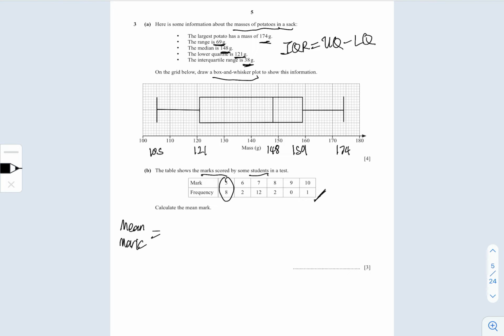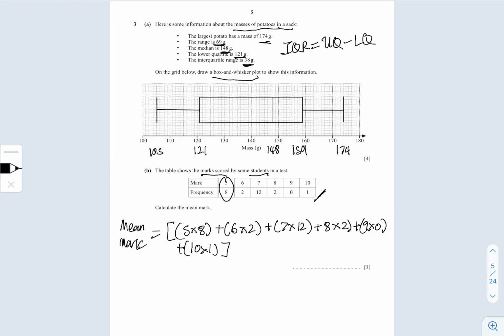How does that look? You would multiply 5 times 8 plus 6 times 2 plus 7 times 12 plus 8 times 2 plus 9 times 0 plus 10 times 1.